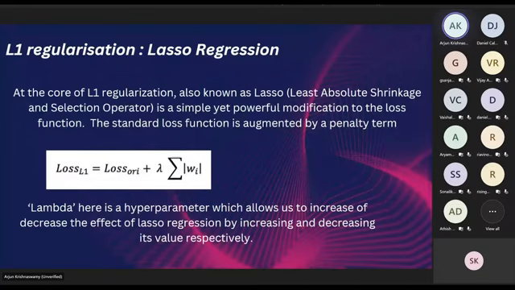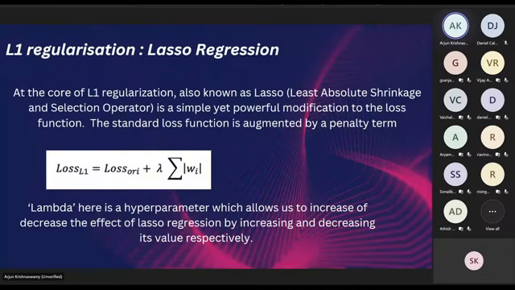But instead, if we decrease the value to say 0.5, then this can have some nice non-zero values, and we can still obtain a low loss. So lambda can be increased or decreased to increase or decrease the effect of regularization or lasso regression. I hope this is clear.